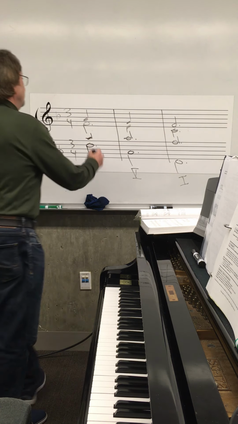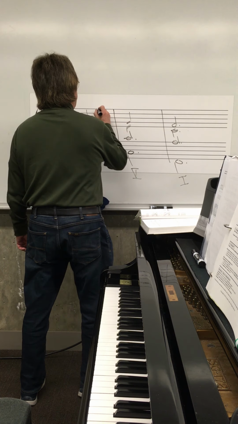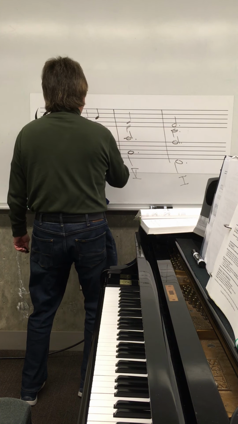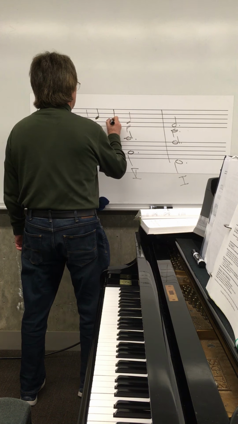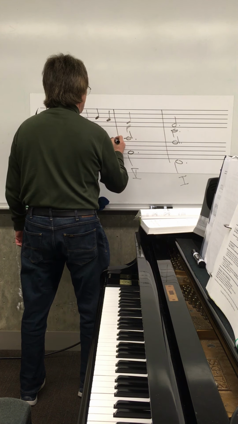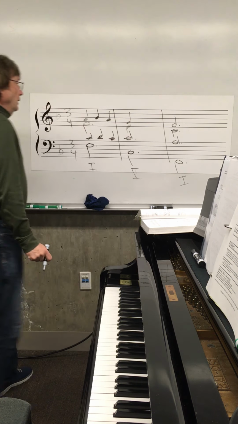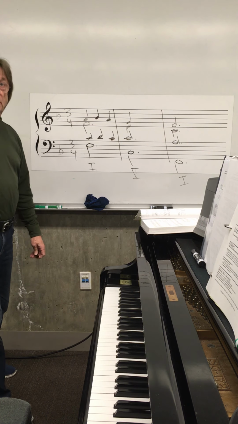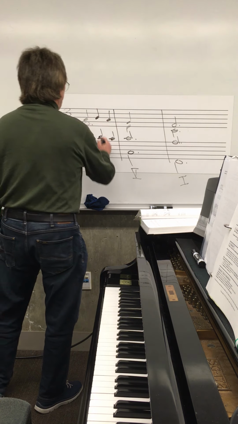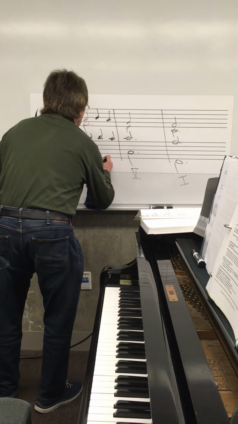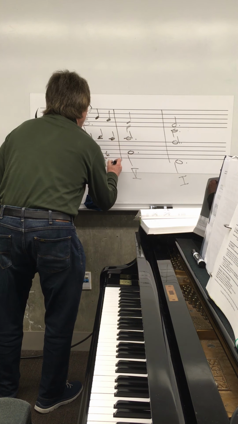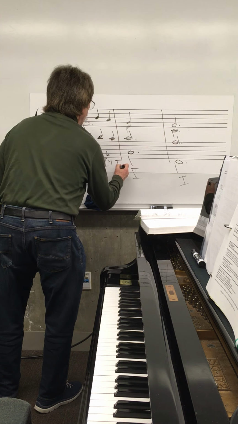Now, if I do this, if I move the soprano up by a step, the tenor up by a step, and then bring them back down, I create a 6/4 chord on beat 2. So this would be 4, 6, 4, back to 1.